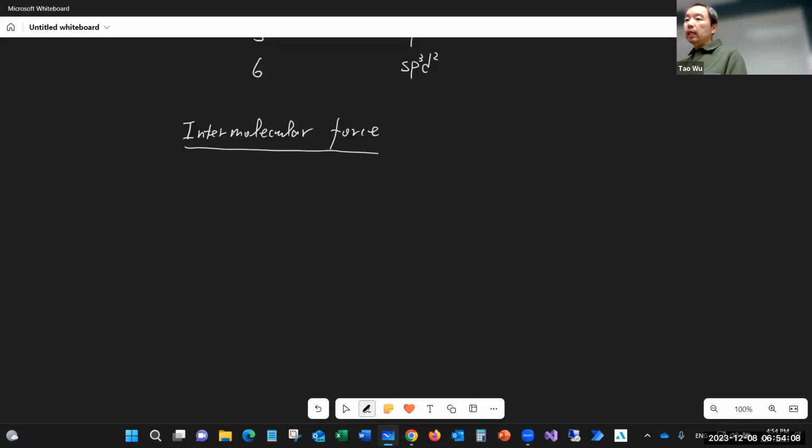For example, if we have two water molecules, they're going to have an intermolecular force between the two molecules, not the force between the hydrogen and oxygen atoms. It's an invisible force between those two molecules. Are you clear? That is what we call the intermolecular force.